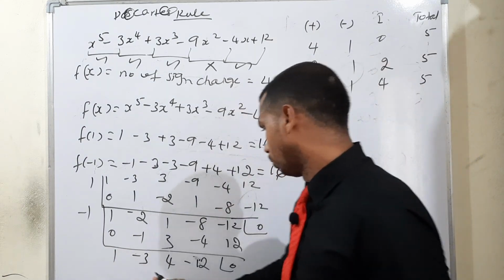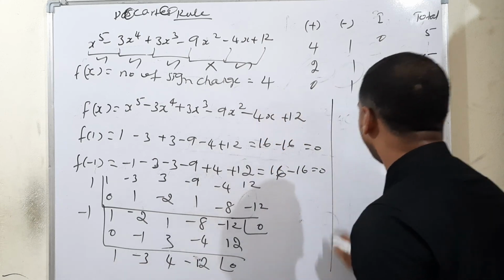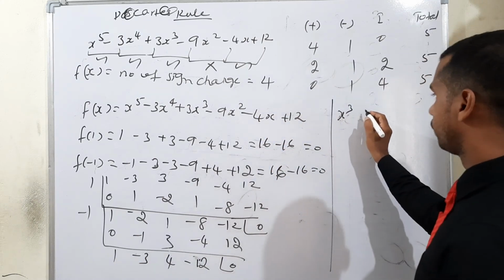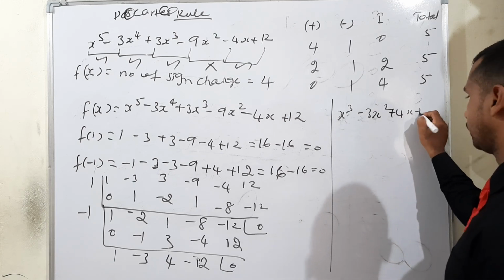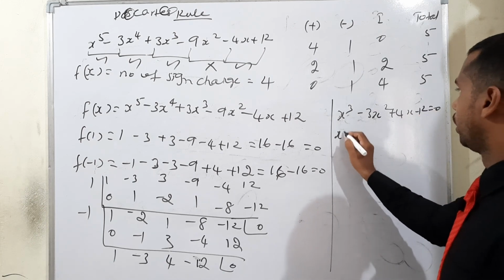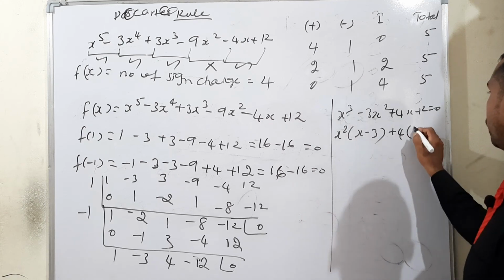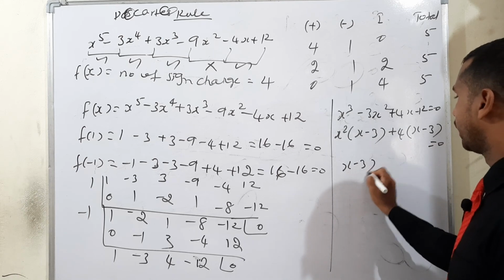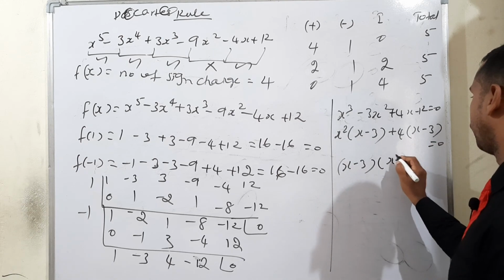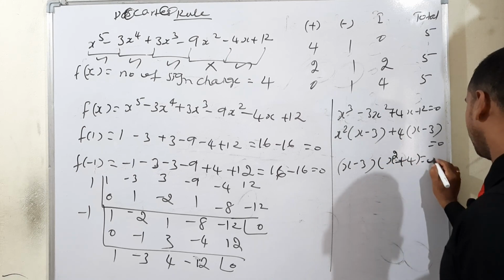So remaining the roots, this is constant x square, x cube. Therefore, we can write it x cube minus 3x square plus 4x minus 12 is equal to 0. Again, x square take common outside means x minus 3 plus 4 take common outside means x minus 3 is equal to 0. Now we have the common factor x minus 3, another one factor x square plus 4 is equal to 0.